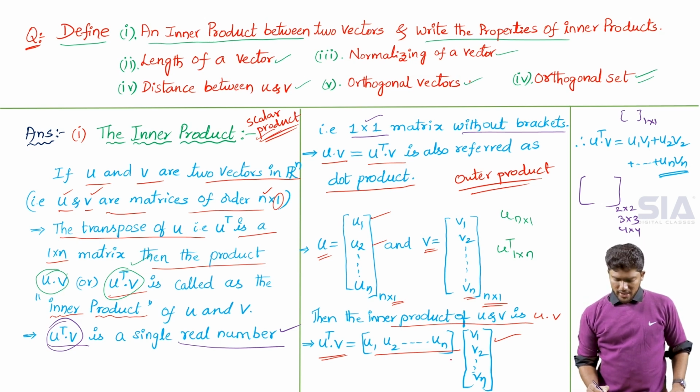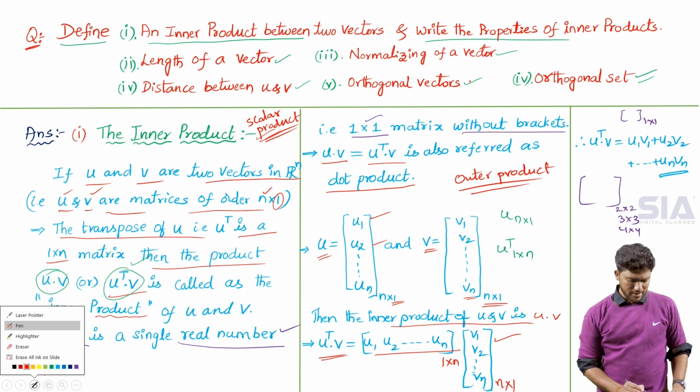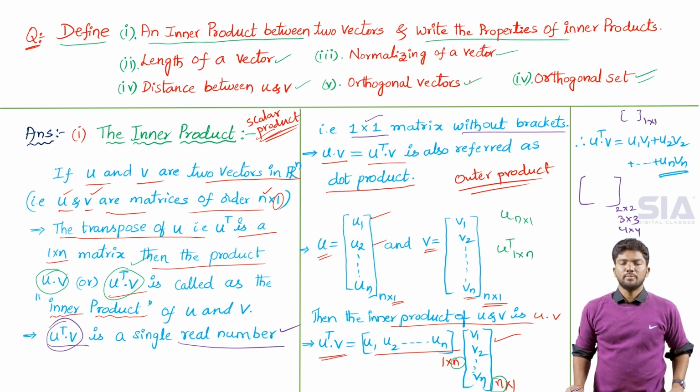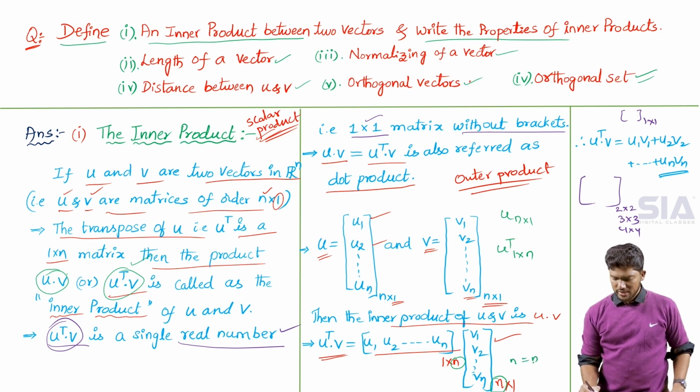The order of the first matrix U transpose is one row and small n columns. The order of the second matrix V is small n rows, one column. To apply the multiplication, the number of columns in the first matrix and the number of rows in the second matrix should be equal. Here n is equal to n, so we can proceed with the multiplication.